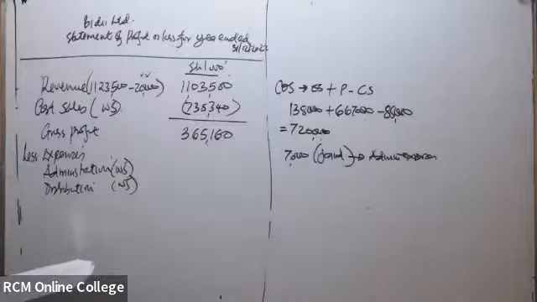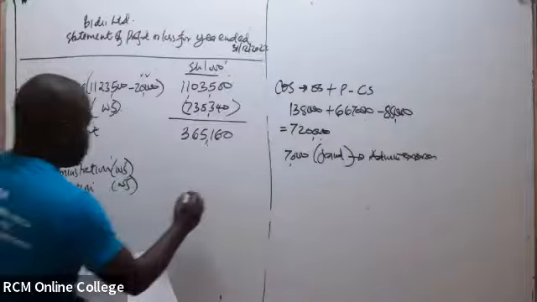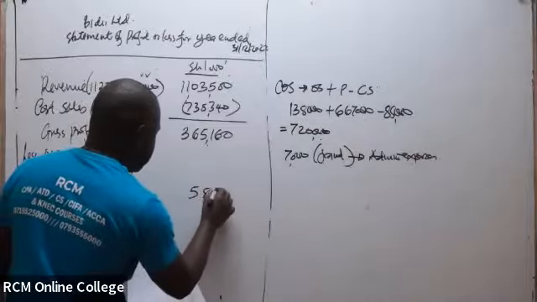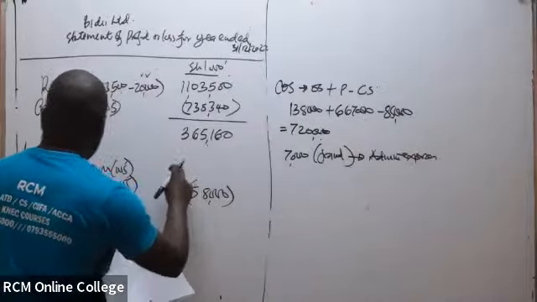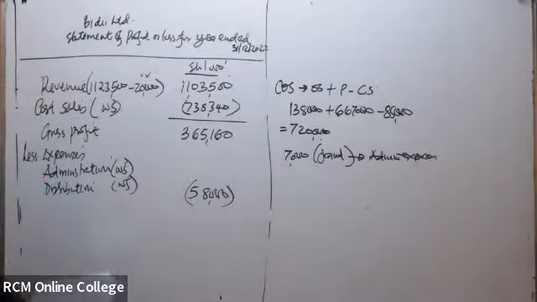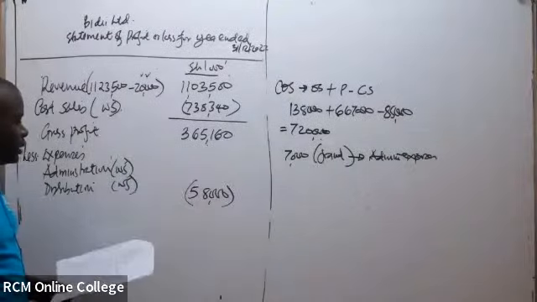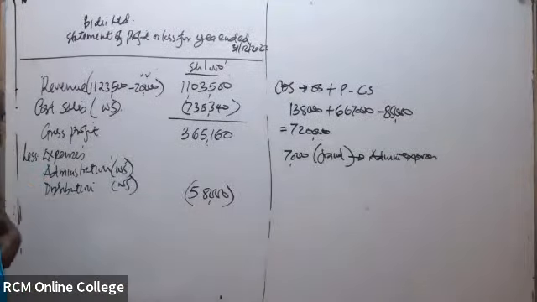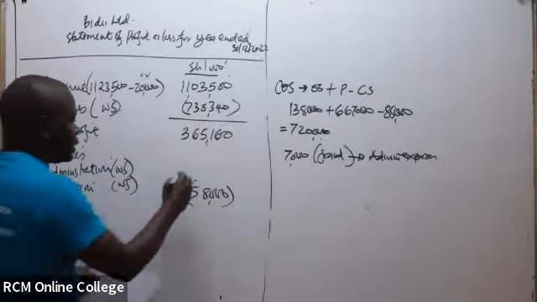Distribution was coming to 58 million. Then the administration was coming to 115,500. Is it? Administration expenses was coming to how much? This one was 58 million. Administration was 115,500.